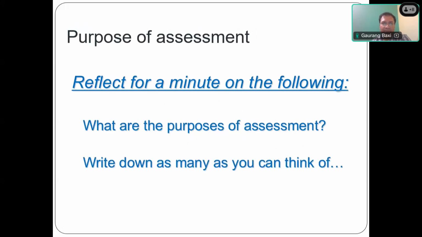Now I want you all to first reflect for a minute on what are the purposes of an assessment. Write down as many as you can think of, and then we'll give you an opportunity to jot them down. Why do we have exams? What are the purposes of an assessment?